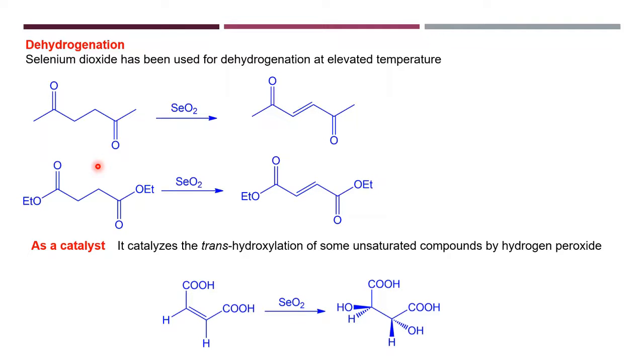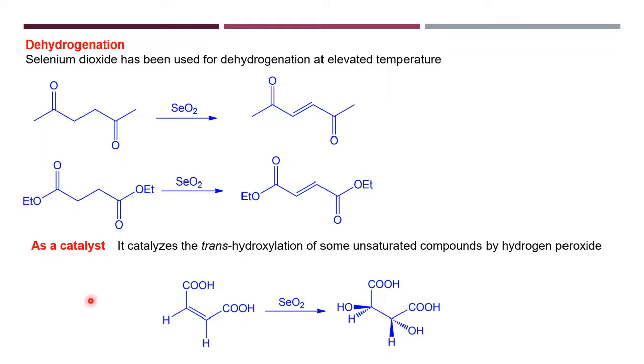We can also take ester molecules which have 1,4 connectivity, and if we treat this with selenium dioxide, again it leads to the formation of a double bond.